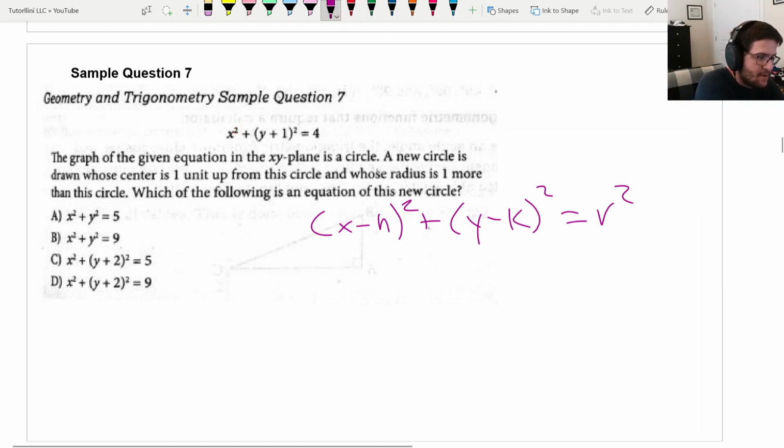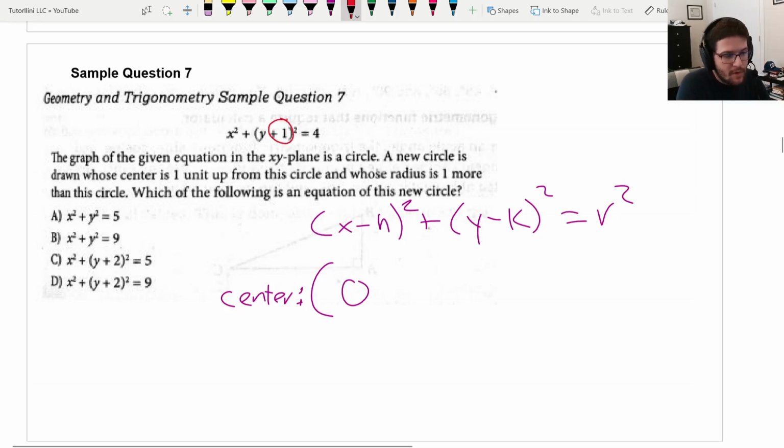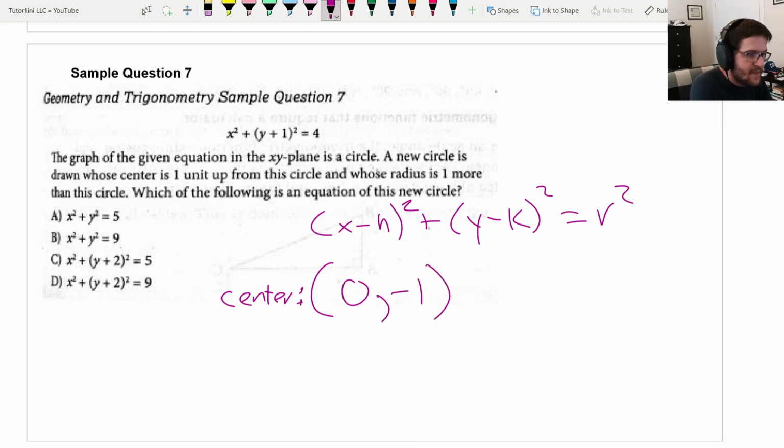So that means the x coordinate h of the center is 0. And the y coordinate, there's a minus sign, so we have to circle this number but then change the sign. So it's not 0, 1, it's 0, negative 1. You got to change the sign. And then the radius is the square root of whatever comes after. So the radius for this one is root 4. The square root of 4 is 2, so the radius is 2.